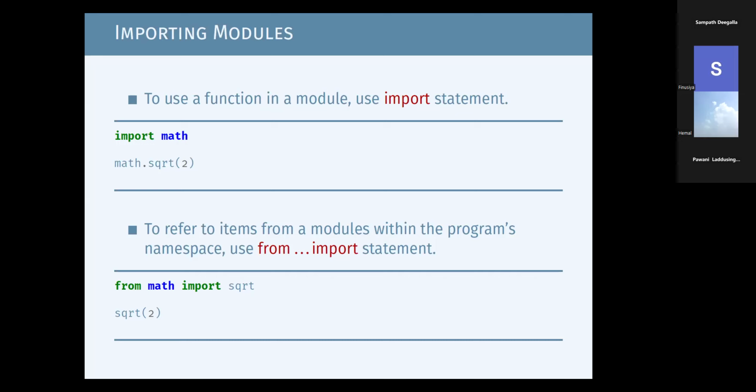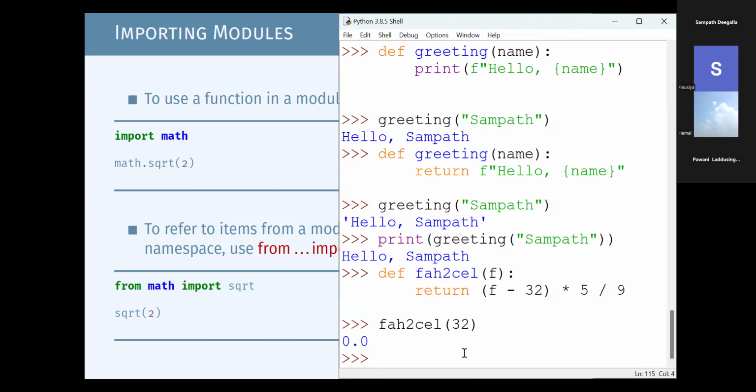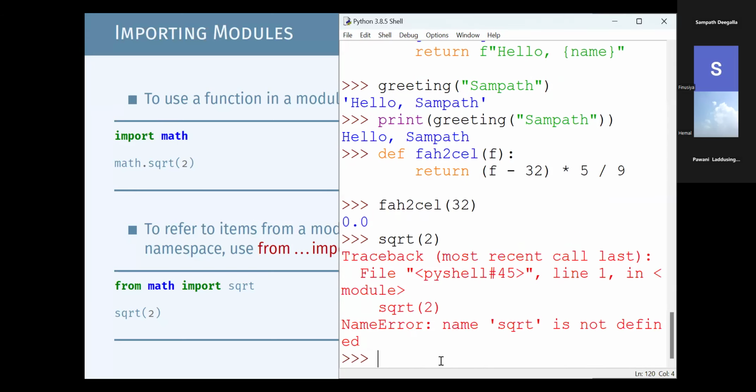Let me explain. The first one, for example, is finding a square root function. If you use a square root function, Python will complain that there's no function called square root, because in the built-in functions, there's no function called square root.